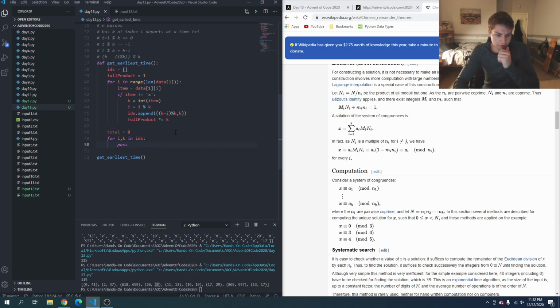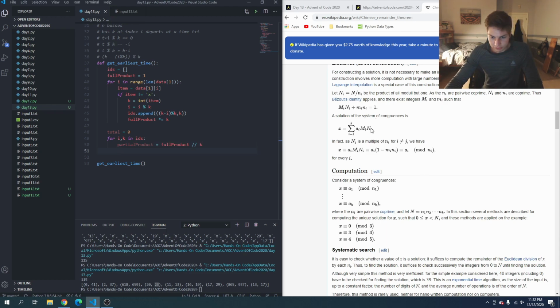And then for ik in IDs, well, partial product is going to be equal to full product divided by k.